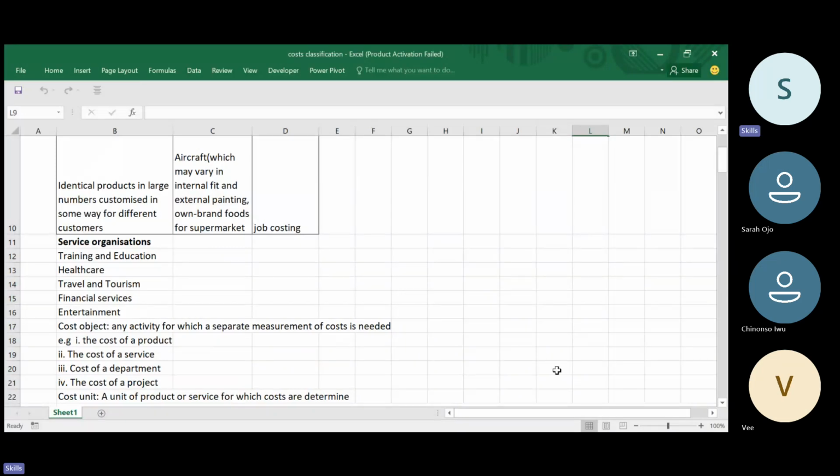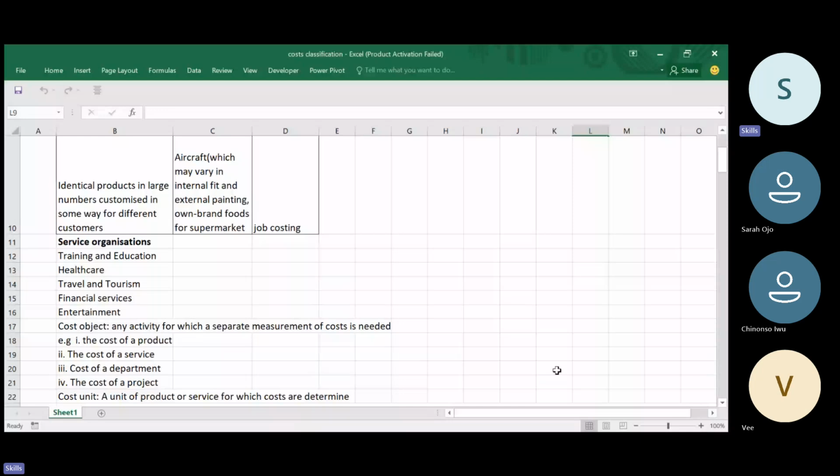Then the same thing with the healthcare sector. If you go to the hospital, you see a doctor, he provides professional services, and you pay for these services. Travel and tourism, these are services provided.